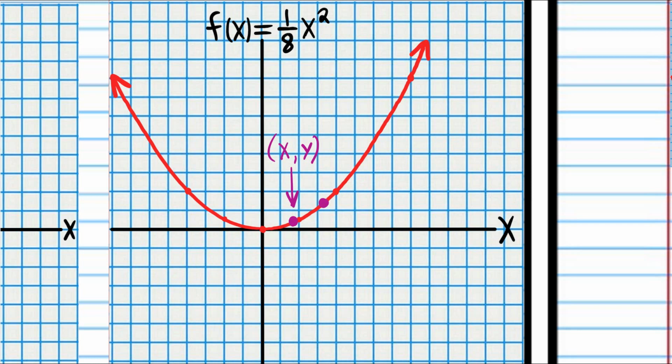And if we keep doing this, bringing this point closer and closer and closer, what we find is that the slope of the secant line approaches a number. And whatever number the slope of the secant line is approaching, that number is defined by mathematicians as the instantaneous rate of change of the function at that point, that purple point.